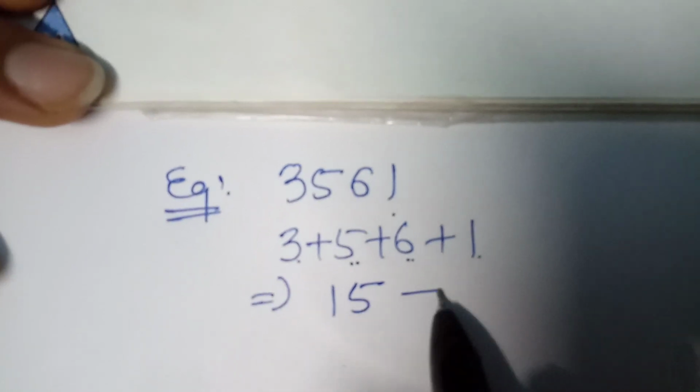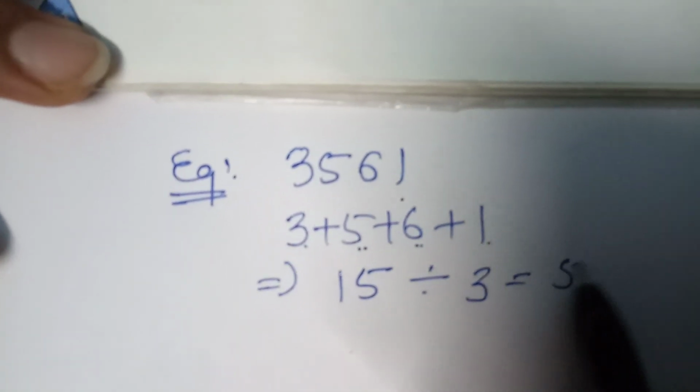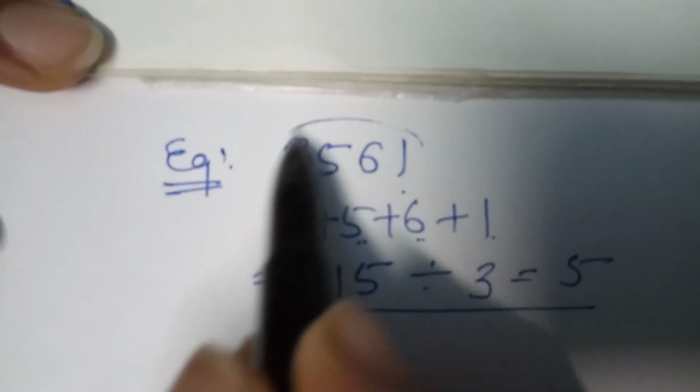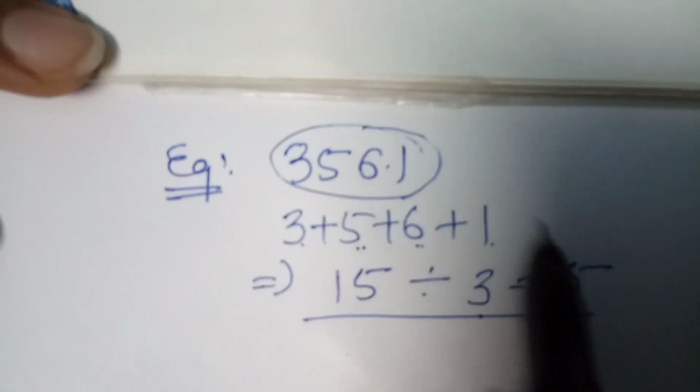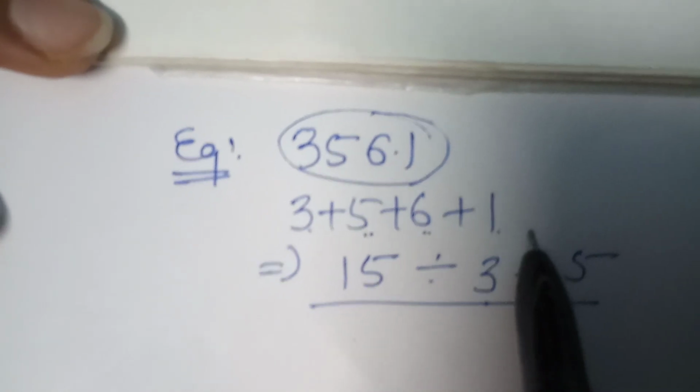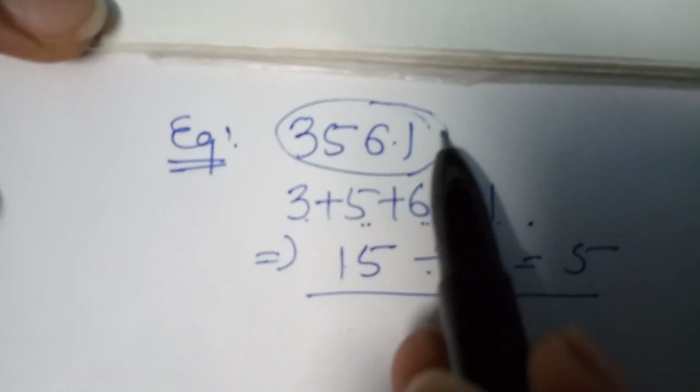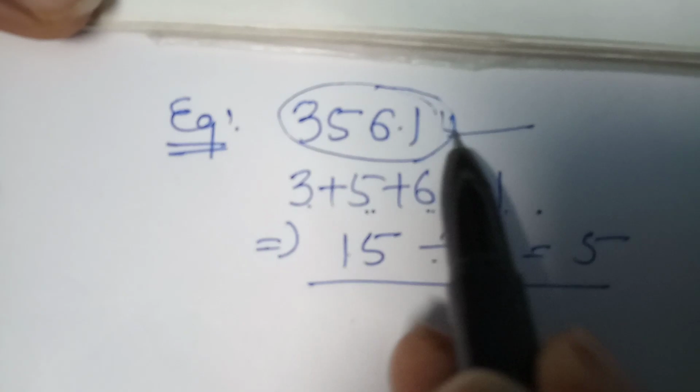And 15 is divisible by 3 completely, right? So this number is also divisible by 3. If the sum of digits is not divisible by 3, then the given number is also not divisible by 3.